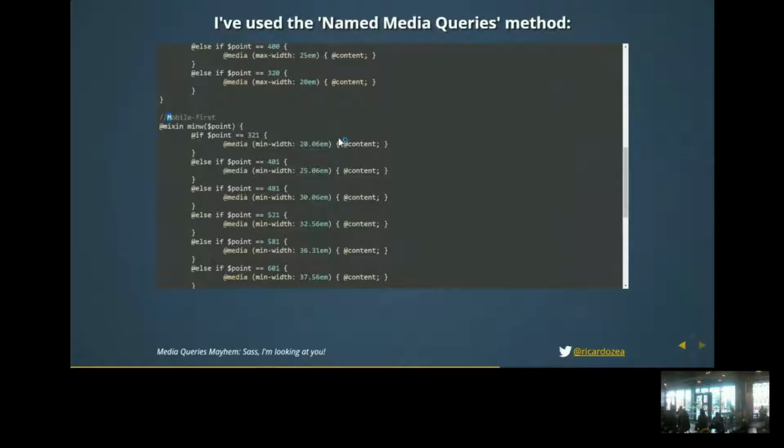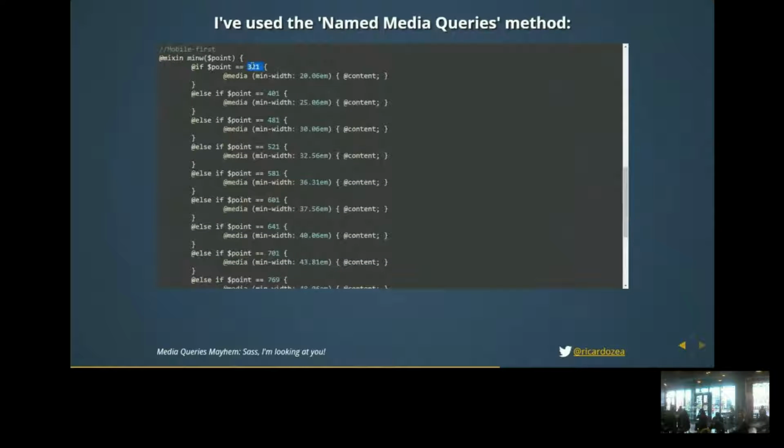So when I do 321, I know that I'm doing 321 pixels, which turns into 20.06 EM, and all these values are in EMs because for good measure, it's recommended to use relative units for your media queries. You're not required to do it, but it's just a good measure.